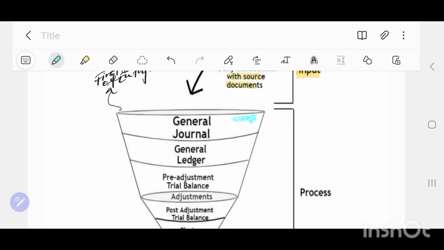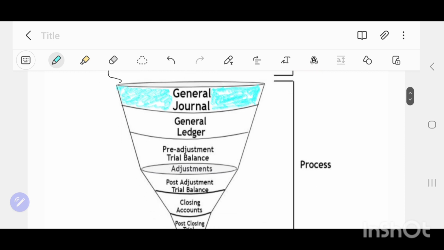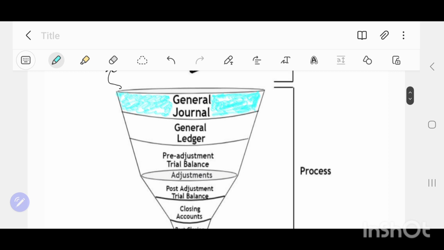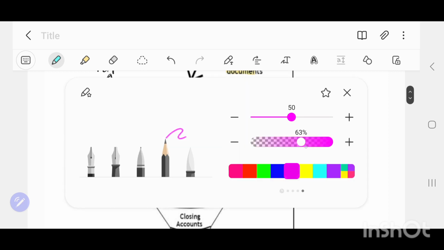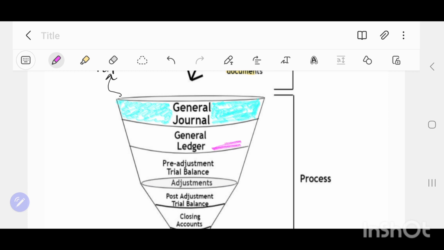So what does the general journal do, if maybe you wanted to ask the question? In the general journal, we just record the transaction on the day that it happened. We use what is called accounts, and we are still going to go into more detail on accounts. From the general journal, we record the transactions as they happen, and then from there we take them to a general ledger.